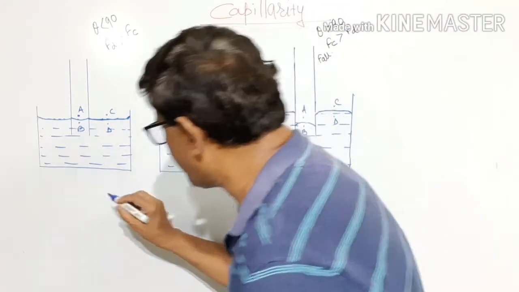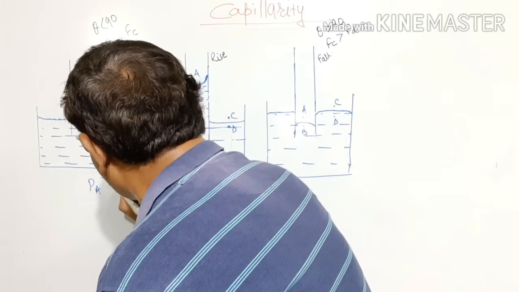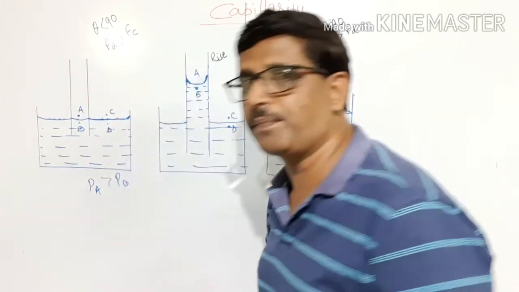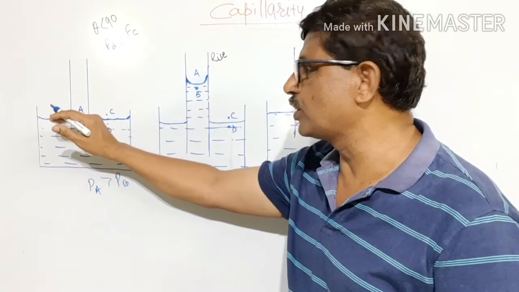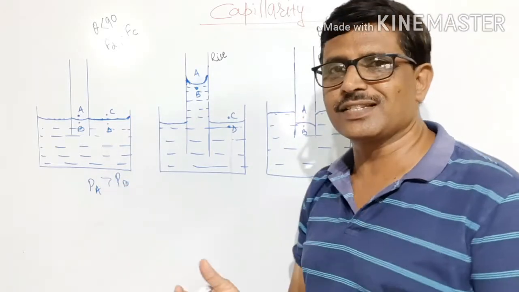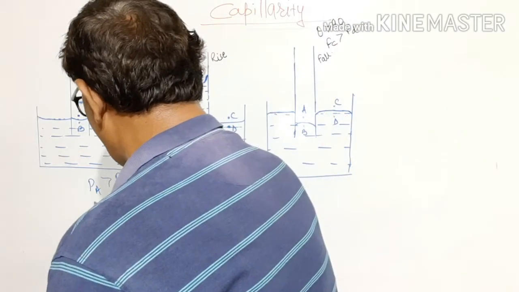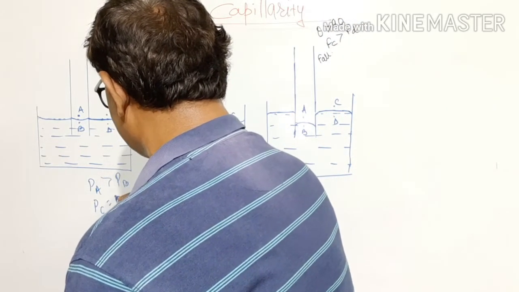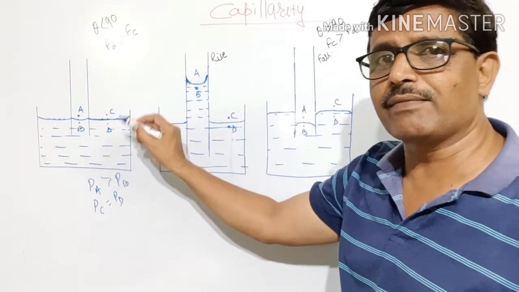Therefore, what will happen here? The pressure at point A is greater than the pressure at point B. Why? The pressure on the concave side of the liquid is more than that on the convex side of the liquid. This is known to us. There is no difference of pressure on either side of the horizontal liquid surface.